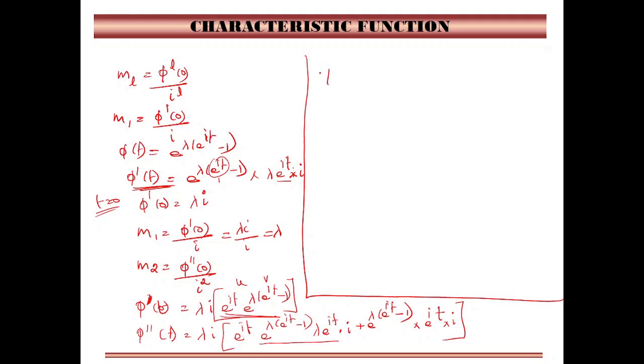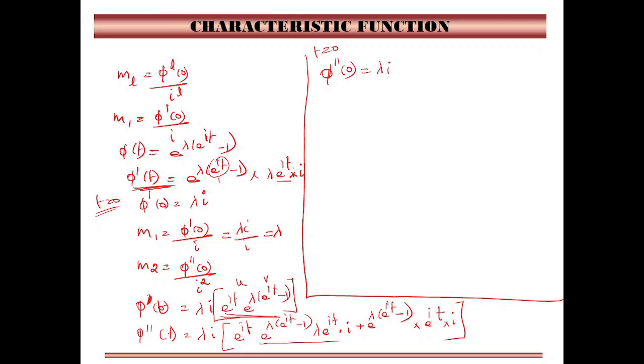And to find pi double dash of 0, we substitute t is equal to 0 here. So when we substitute t is equal to 0, this will be 1, and this is also 1, this is also 1.